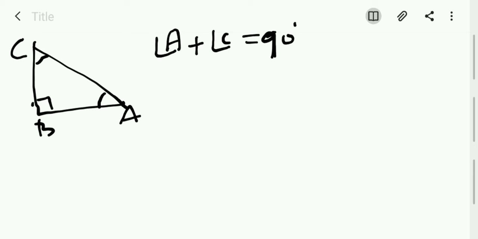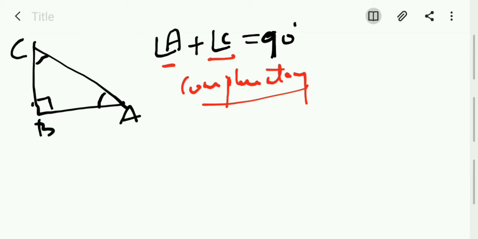If the sum of both angles A and C is 90 degrees, then A and C are said to be complementary. Understood? So what are complementary angles? If any two angles in a triangle have a sum equal to 90 degrees, then we call them complementary angles. Clear?